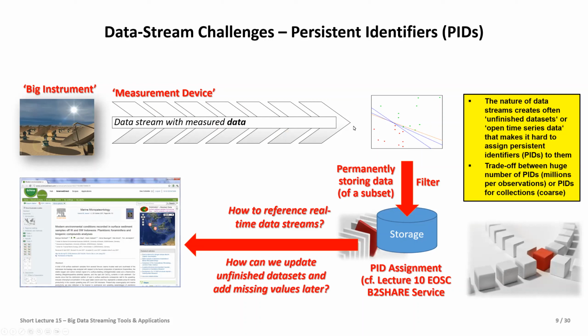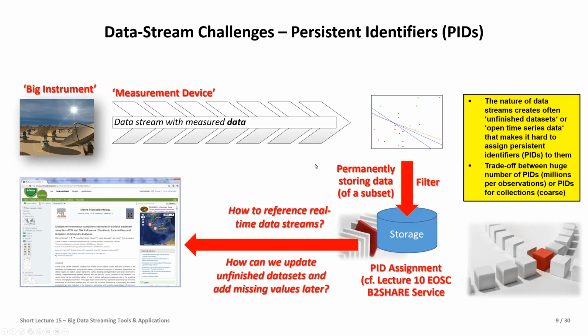But we have the question of how we can actually make some of these data streams referenceable. If you want to say, this is a measurement time series that I measured with my measurement device in this year, how do I reference it? Because it has unique pointers in time, different measurement values in time.